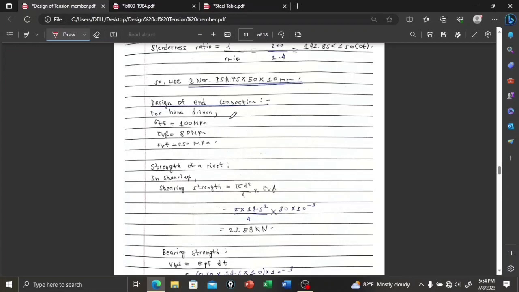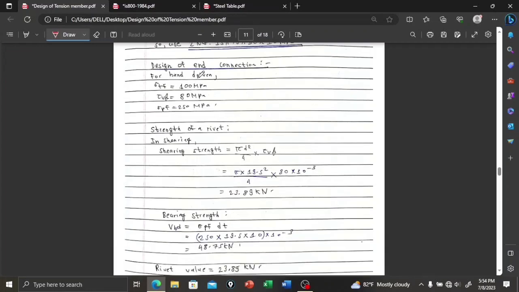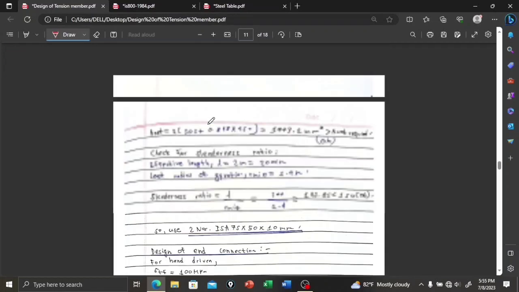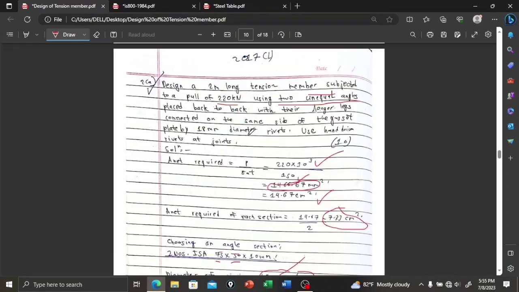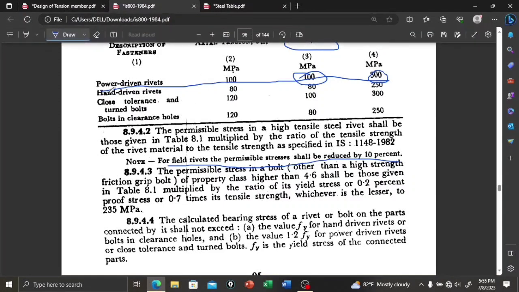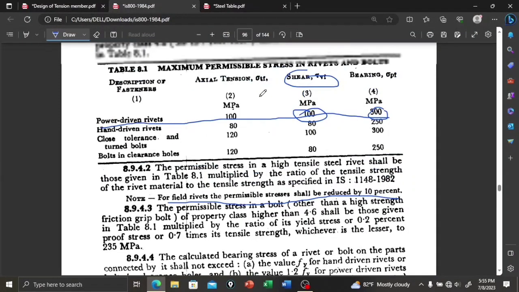Design of connection. For hand driven rivet, tau vf is 80 and bearing is 250.